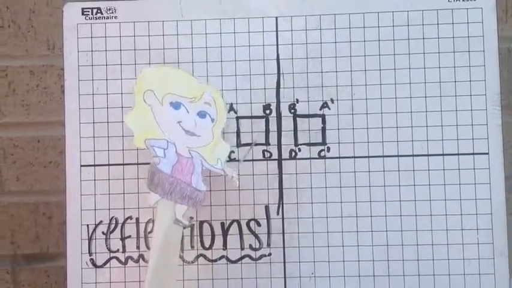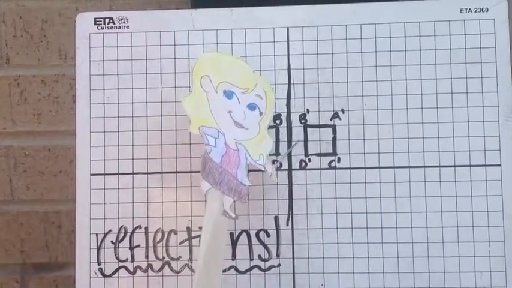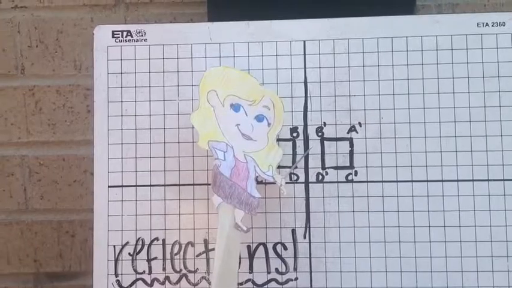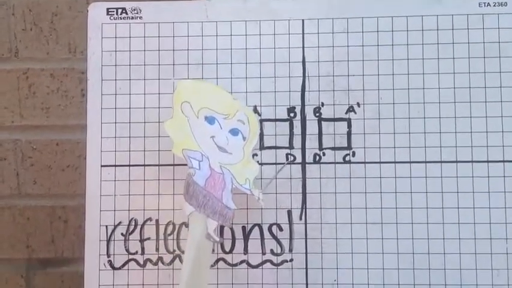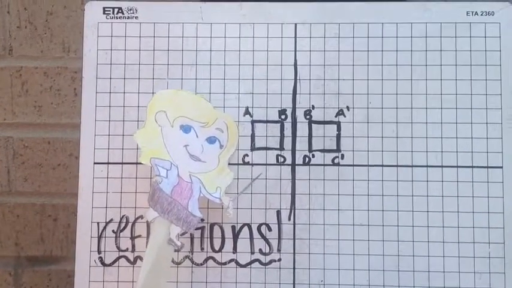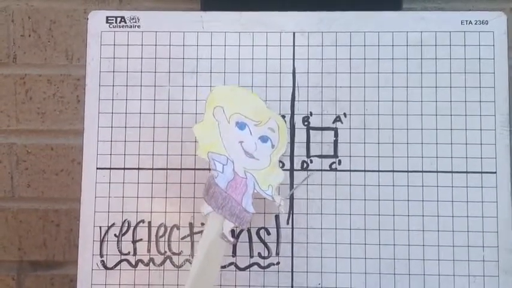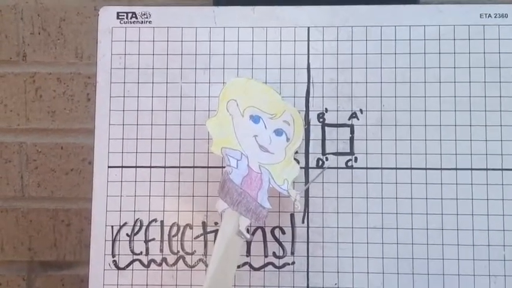Point B is 1 unit left of the y-axis, so point B prime needs to be 1 unit right of the line. The same goes for points C and D. The reflected square is at B prime (1, 3), A prime (3, 3), D prime (1, 1), and C prime (3, 1).